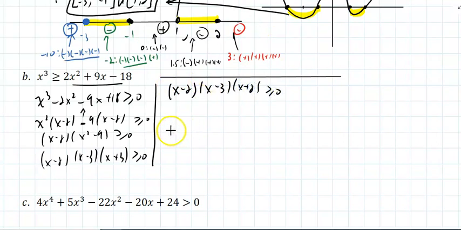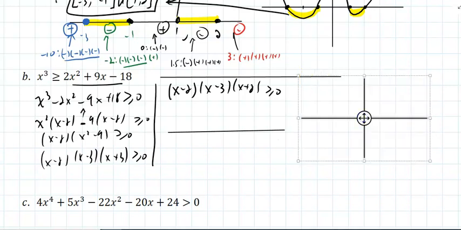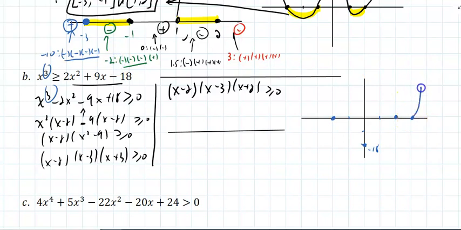I could do a test line. That's fine. Or, if I really got the previous sections down, the zeros are 2, 3, and negative 3. The y-intercept is negative 18. This behaves like x cubed. Multiplicity is 1 on each one of those, right?